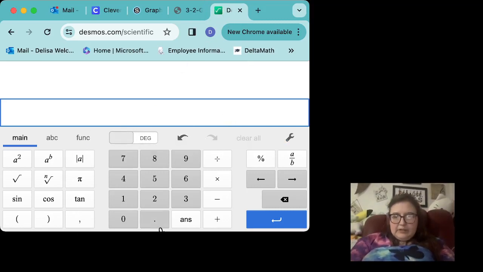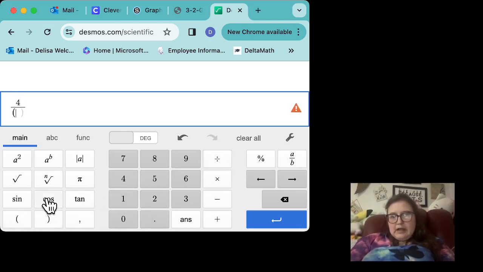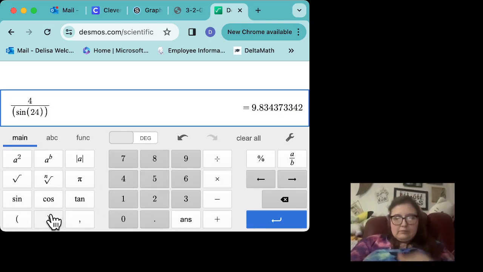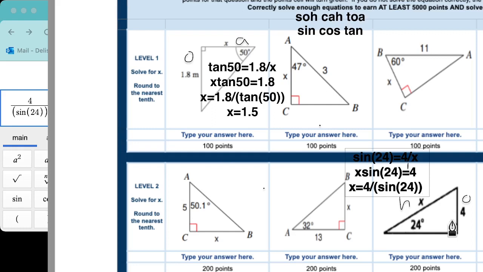So we are going to put in 4 divided by sine of 24, and that is going to give you 9.83, but we're rounding to the nearest tenth, so that will give us 9.8. So we'll put that in as our answer. So it says approximately 9.8.